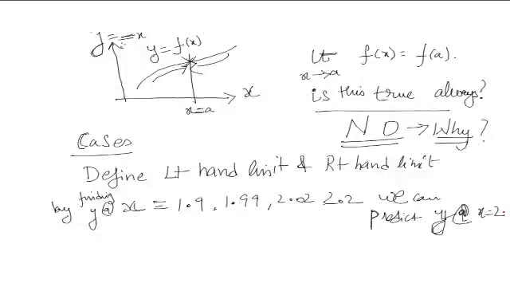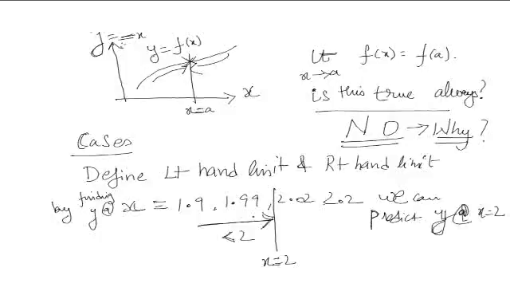Now x equal to 2 lies here. In this region, we are traveling towards 2 by taking values less than 2, that is 1.9, 1.99, 1.999 like that.